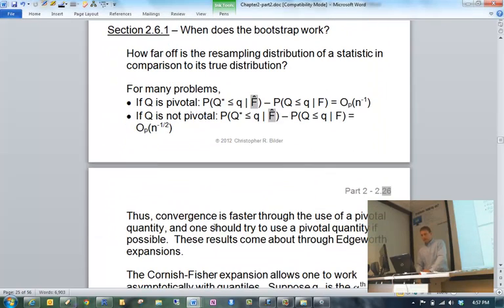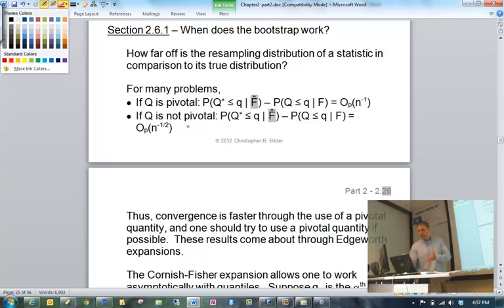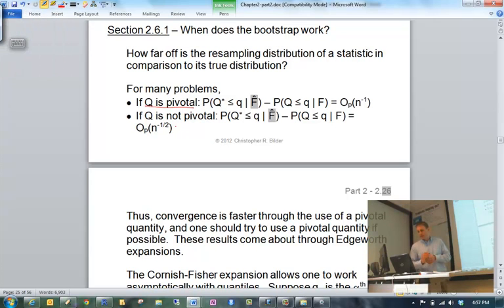Okay. So how far off then is the resampling distribution of the statistic in comparison to the true distribution? If Q is the statistic of interest, suppose it's pivotal, then the CDF of Q star minus the CDF of Q evaluated at the same point is big O_p of 1 over n.